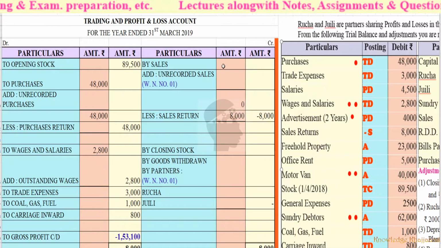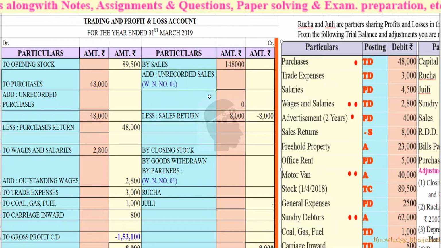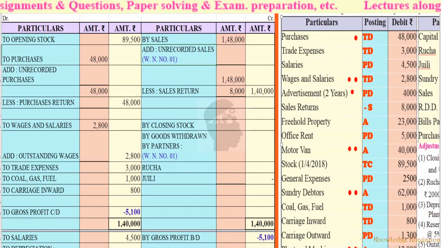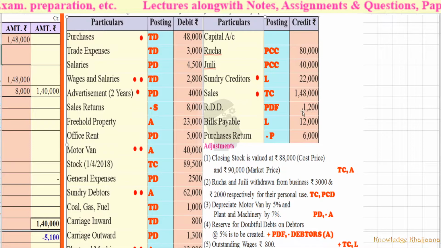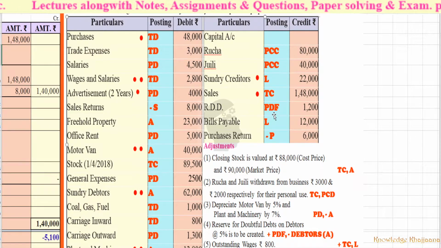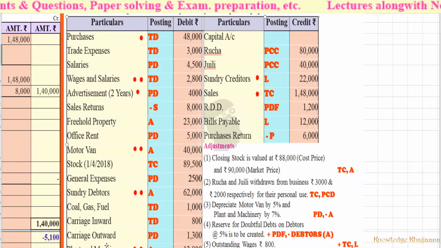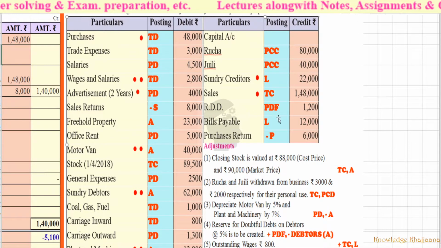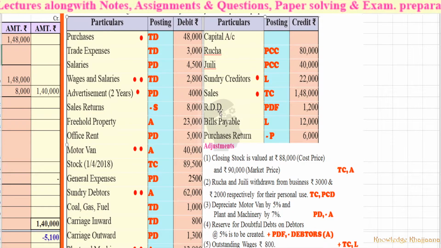Sales 1,48,000. Okay. Next, reserve for doubtful debts, that is old reserve for doubtful debts, which should actually be deducted from the bad debts. But bad debts are not given here, so we'll deduct it from whatever new RDD we calculate. So what is the old RDD?